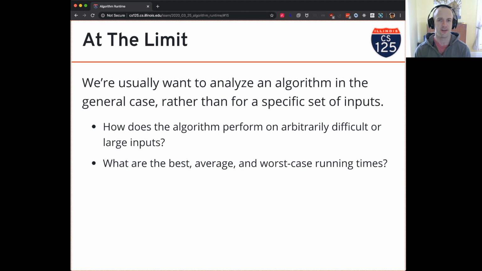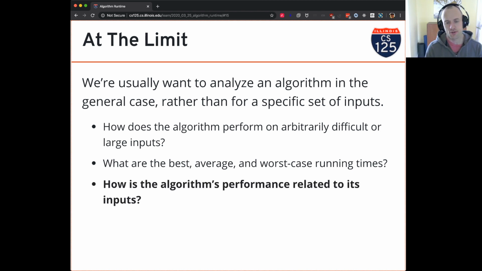The best case was the smaller number is the GCD. It divides the larger number, and I'm done. The loop doesn't execute at all. Worst case is the two numbers don't have any common factors, and so the GCD is 1. So I have to start at the smaller number and work all the way down, and that takes a while. Essentially, what we're trying to figure out is how the algorithm's performance depends on its inputs.